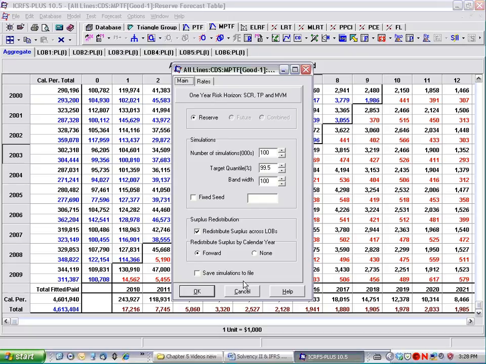And also we're going to use the same concept of fungibility going forward by calendar year. So if, in calendar year 2, 3, and so on, in a particular calendar year, the loss itself is less than the mean, that can be used to pay for losses in future calendar years. Well, let me do the simulation.